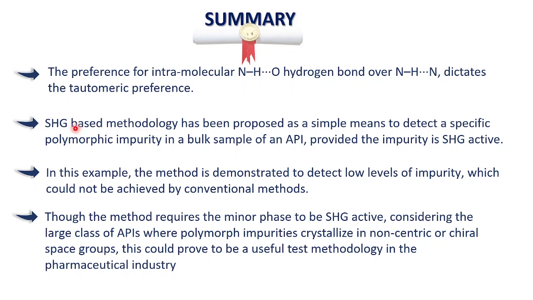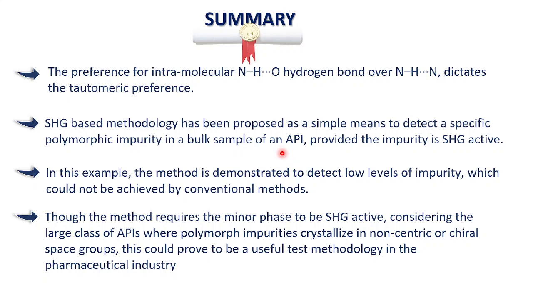Then the second point we discussed: a second harmonic generation based methodology has been proposed as a simple means to detect a specific polymorphic impurity in a bulk sample of API, an active pharmaceutical ingredient.